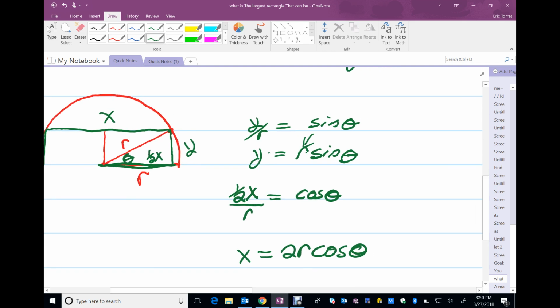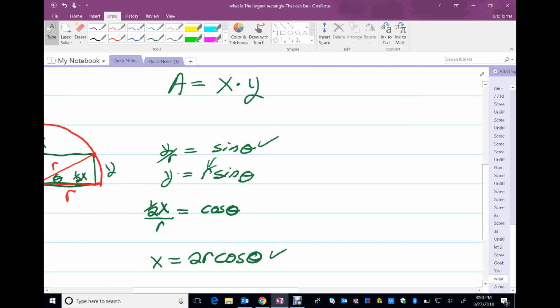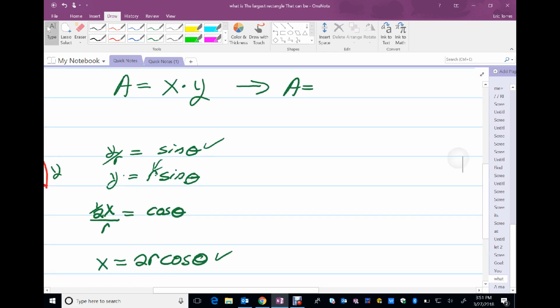Now, x is in terms of theta, y is in terms of theta, and this is important because area equals x, which is now 2r cosine of theta, times y, which is r sine of theta.